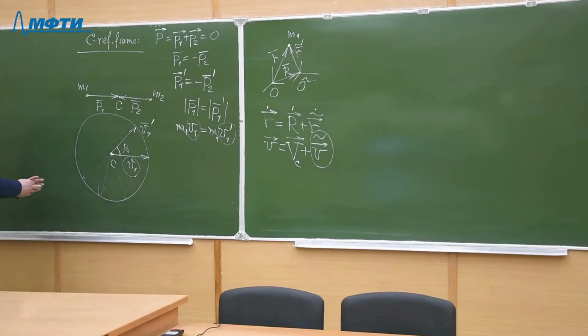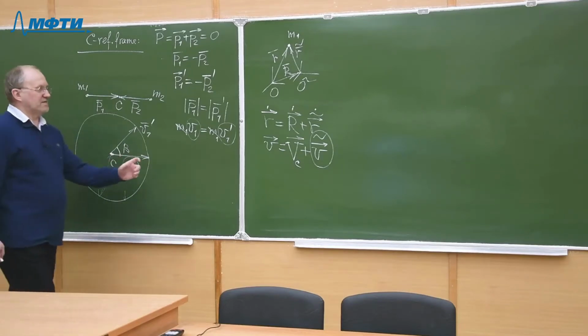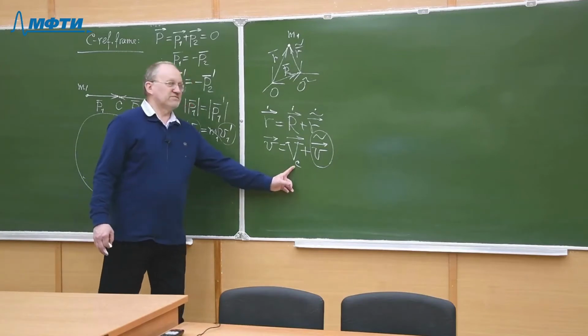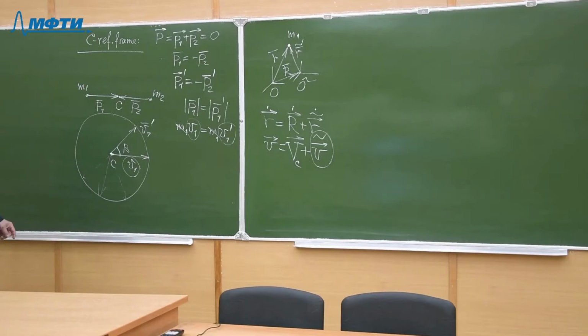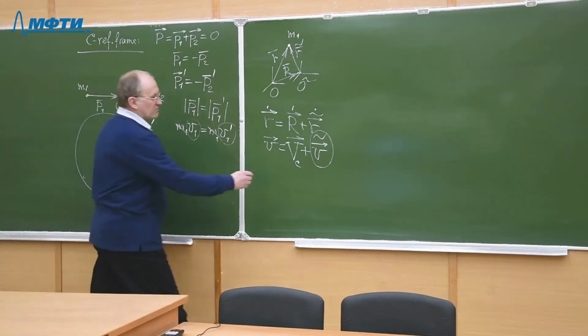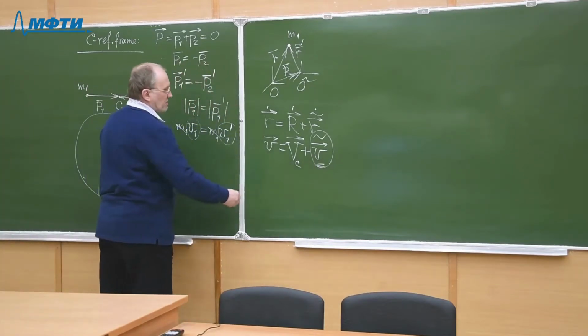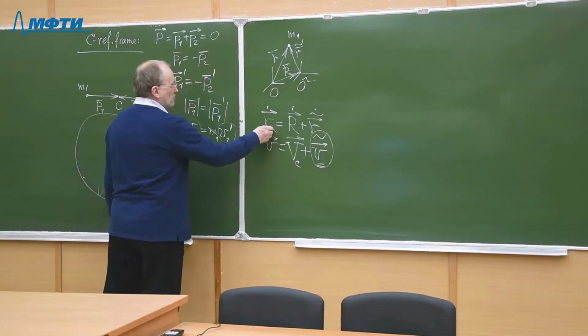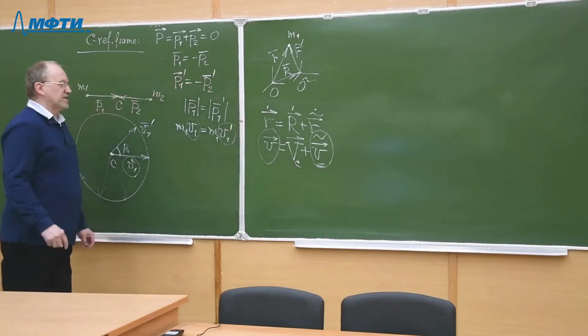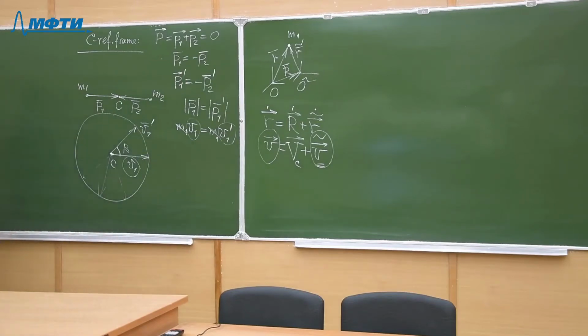So in order to move from this picture to a different picture of vectors related to the laboratory reference frame, we have to add this vector to each other vector here. Whatever vector we have in the second reference frame, we must add the velocity of the center of mass in order to obtain the velocity of the same particle in the laboratory reference frame.